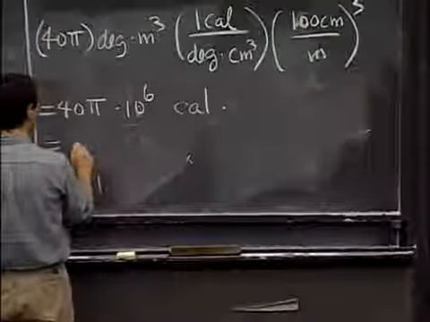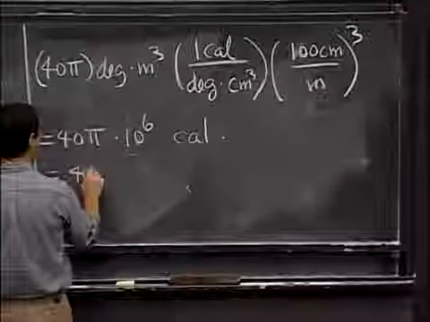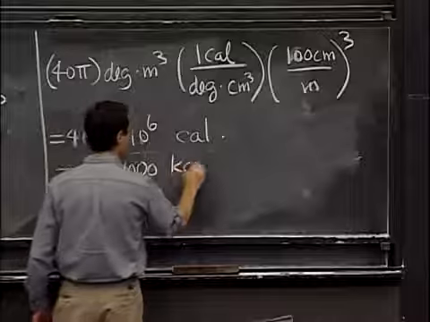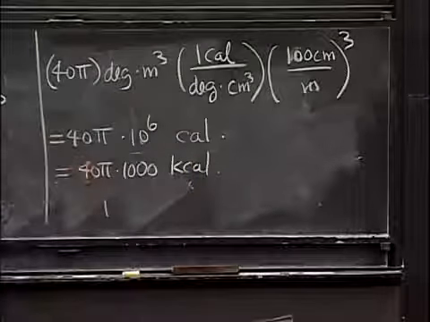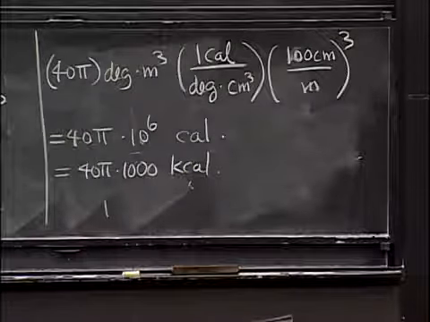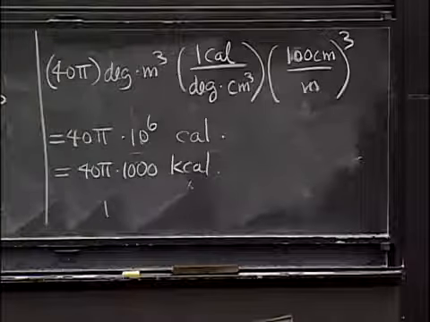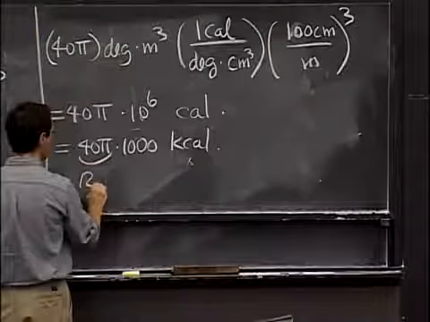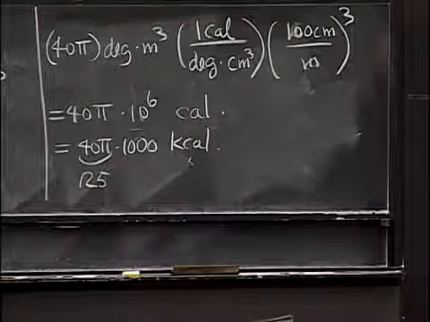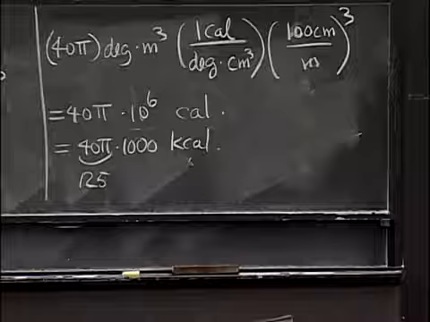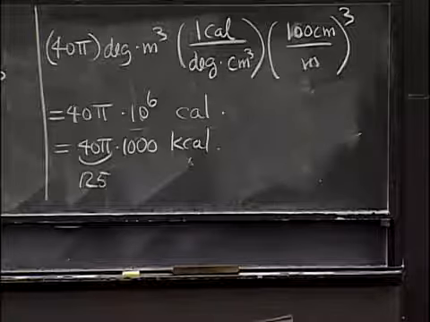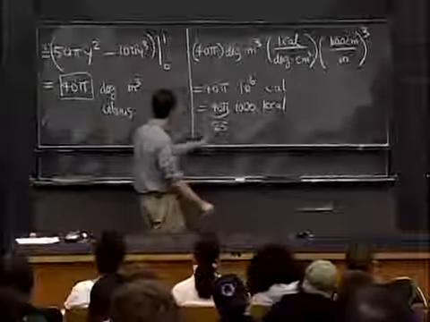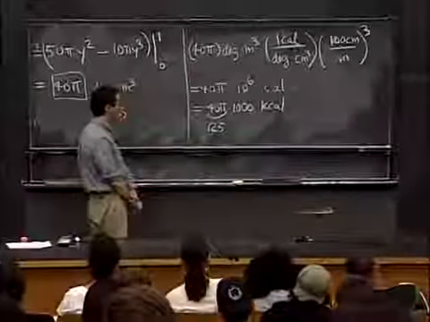Well, it's a little better, maybe, to do it in 40 pi times 1,000 kilocalories, because these are the ones that you actually see on your nutrition labels of foods. And so this number is around 125 or so. Let's make sure I've got these numbers right. Yeah, this is about 125, 40 times pi.